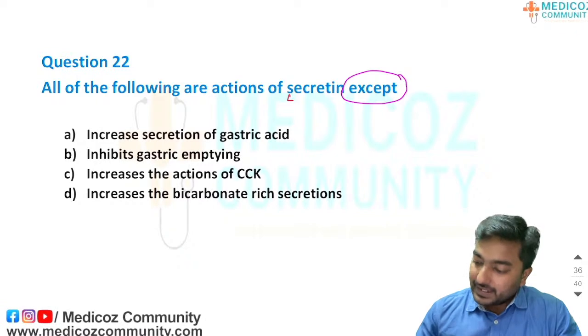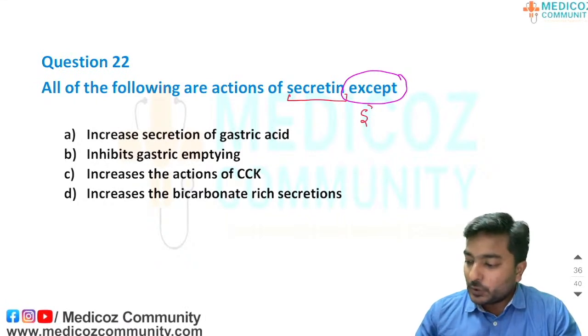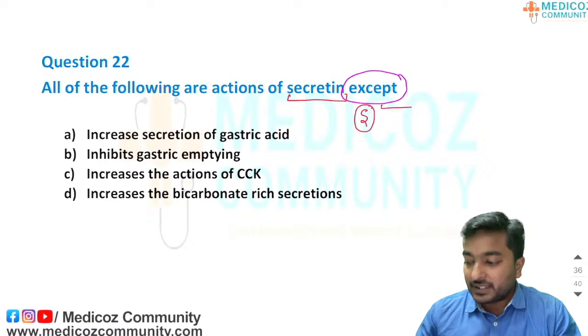Secretin is a hormone produced by S cells of the upper small intestine, especially the duodenum and jejunum. The main role of secretin is with pancreatic secretions.